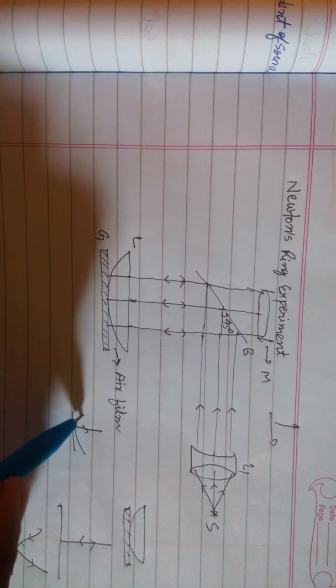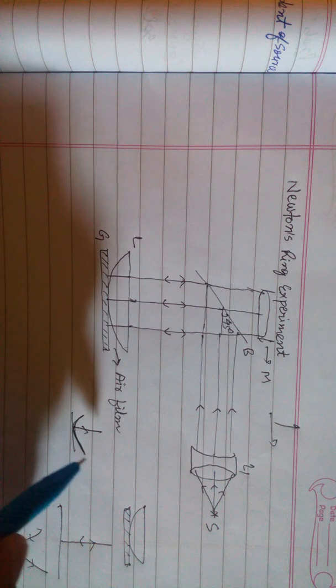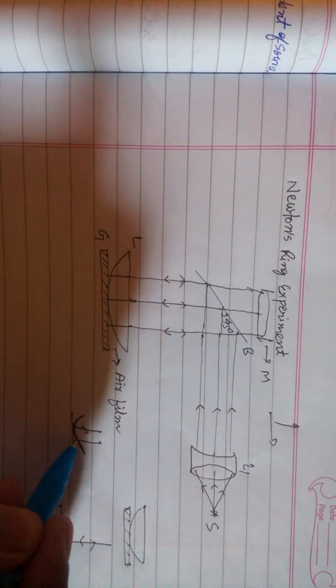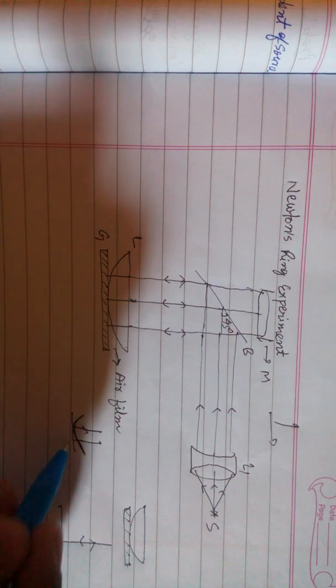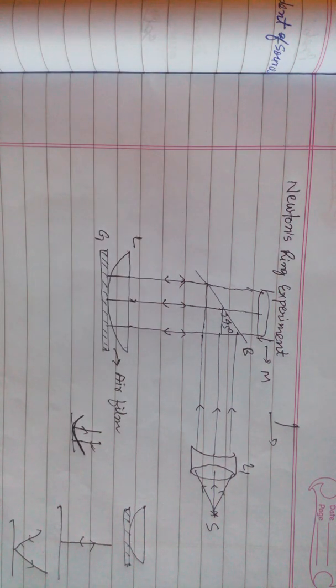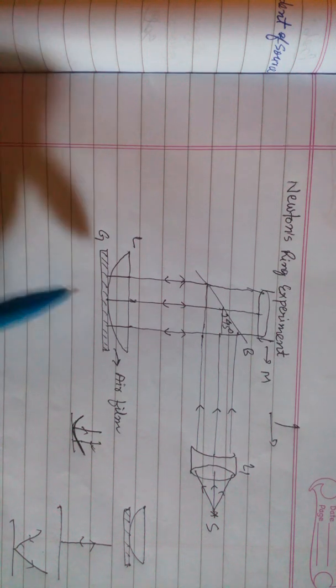Both lights are from the same surface. However, in this case, one ray is reflected from the lens and air surface, and another from the air and glass surface. Therefore there is a path difference, which is what is called Stokes law. This is the general description of the apparatus and how it forms.